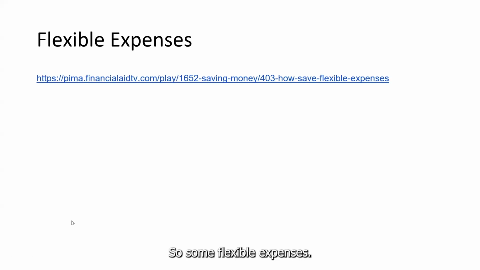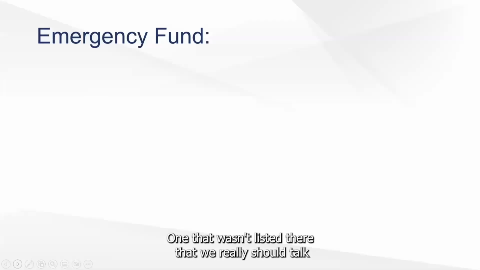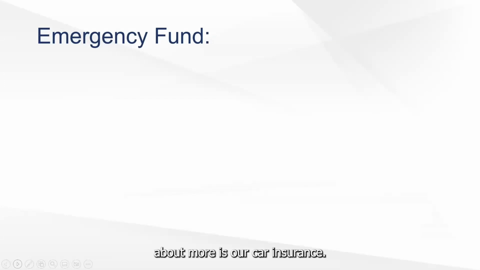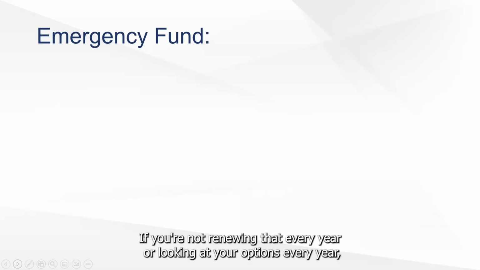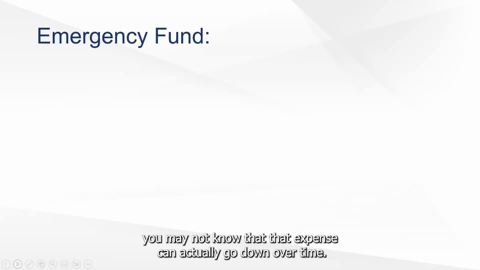All right, so some flexible expenses. One that wasn't listed there that we really should talk about more is our car insurance, our insurance in general. If you're not renewing that every year or looking at your options every year, you may not know that that expense can actually go down over time.